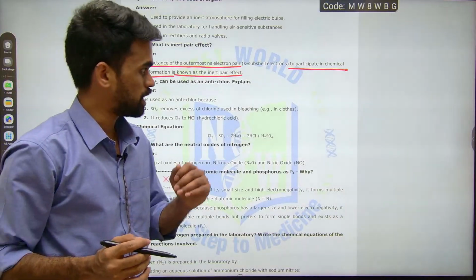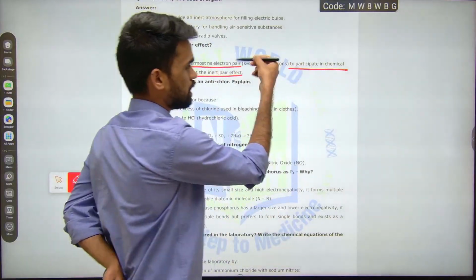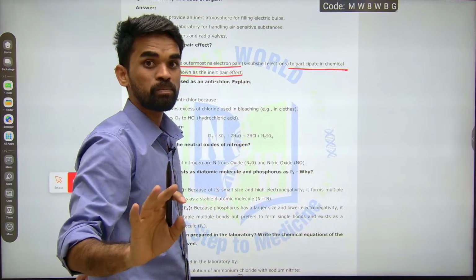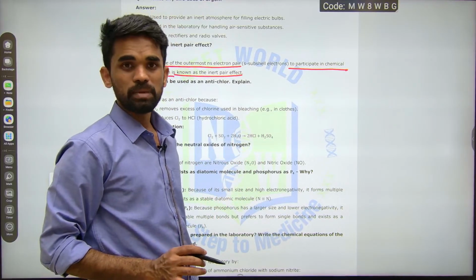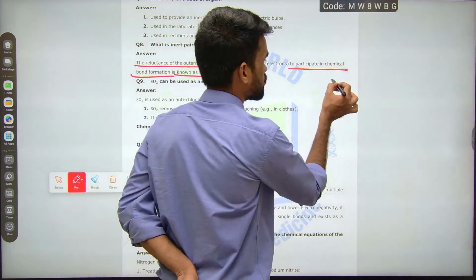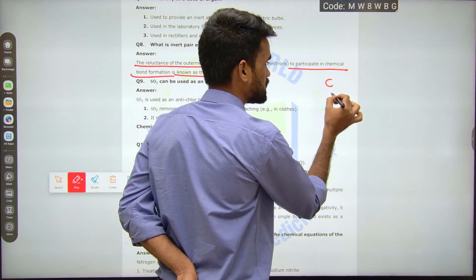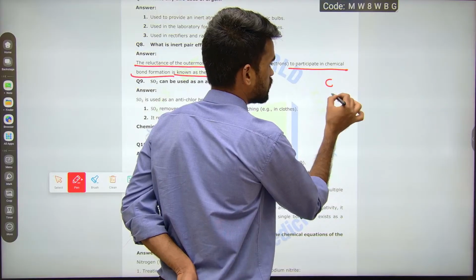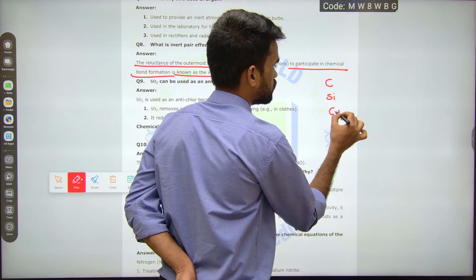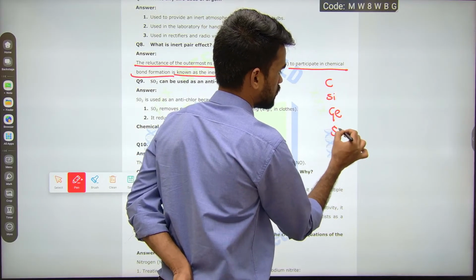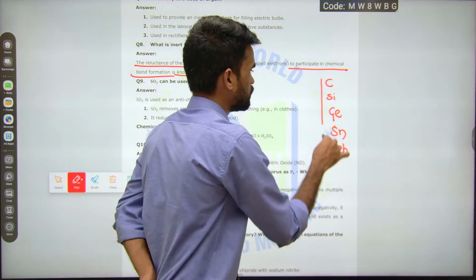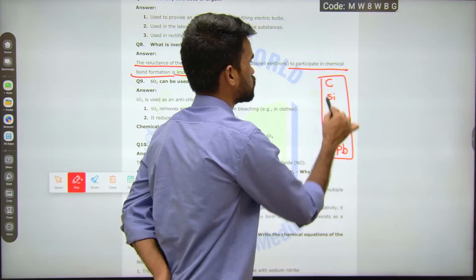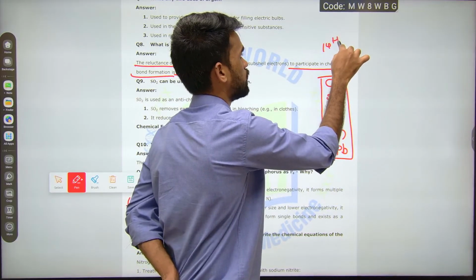Okay, let me explain clearly. This inert pair effect concept is applicable only for P block elements. Now give me some examples of P block elements. See, carbon family, let us take carbon, silicon, germanium, tin, lead. All these elements belong to the 14th group, right? Carbon family elements.